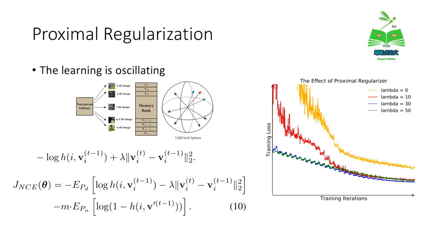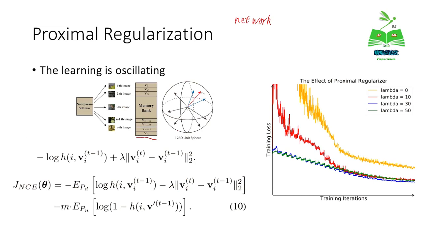Next, they consider another thing, the proximal regularization. It's also about the update in the memory bank, because we know we update the network after each iteration. We use the gradient step to update the network.